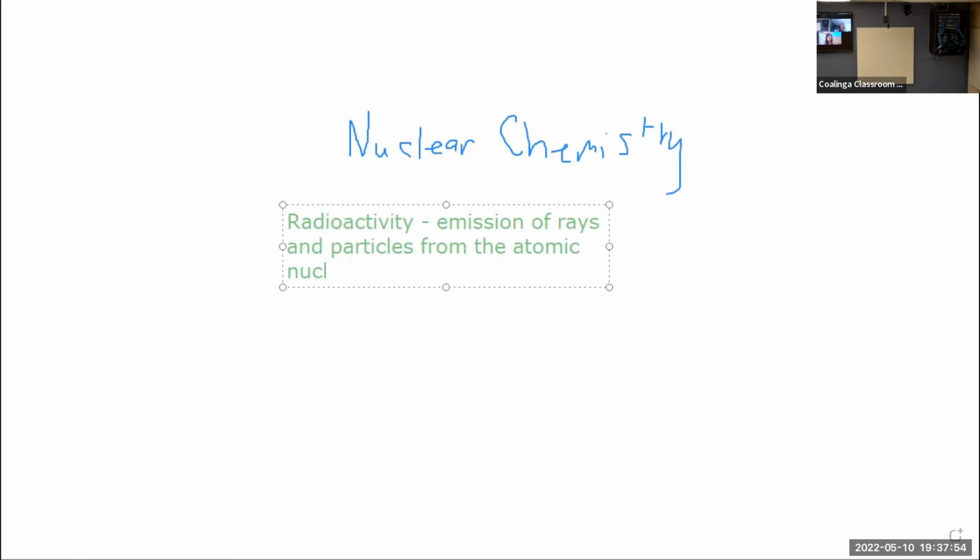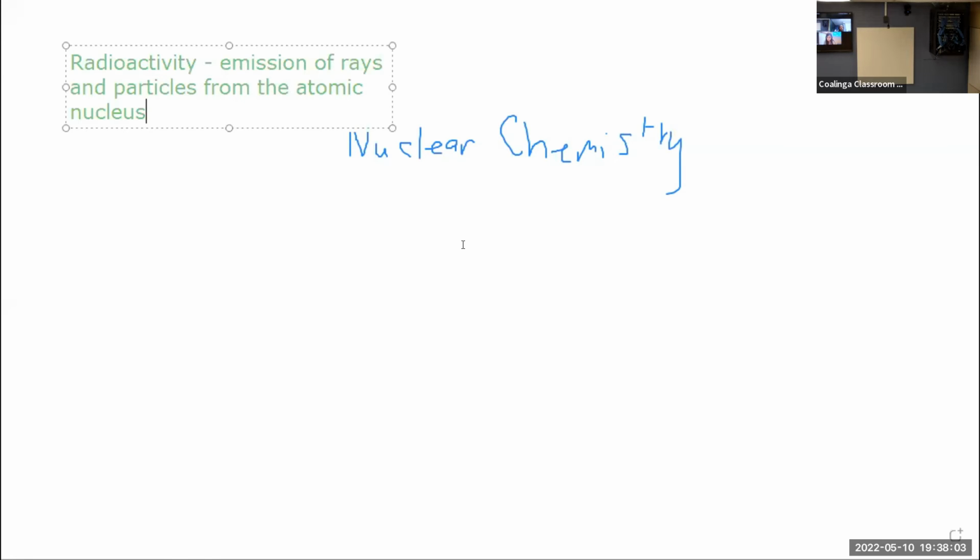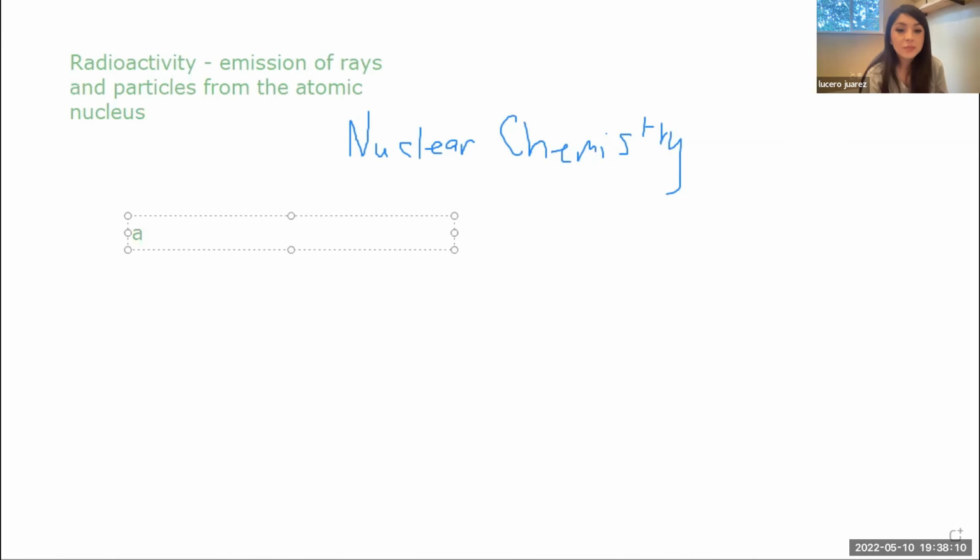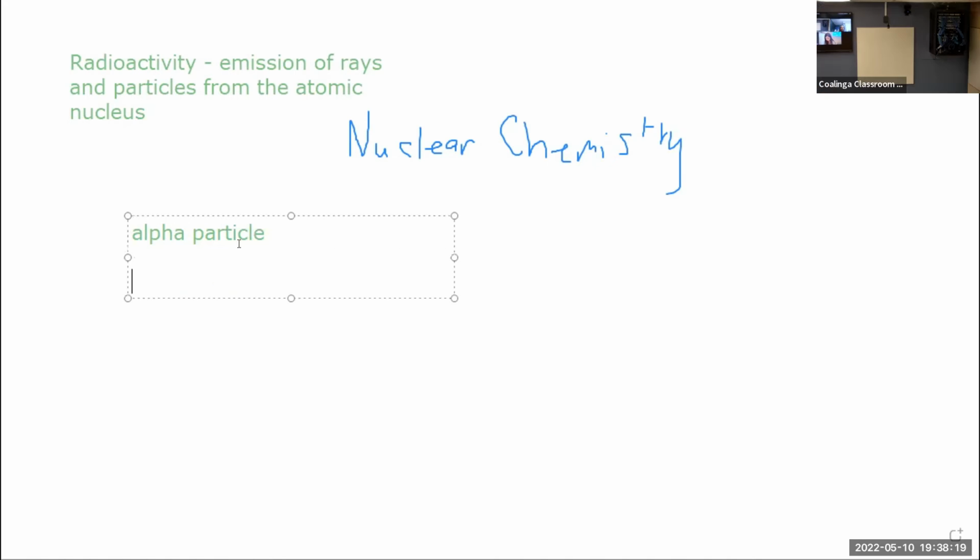So particles that we have, what we call the alpha particle. Okay, so during the emission of alpha particles, or what we call alpha decay.